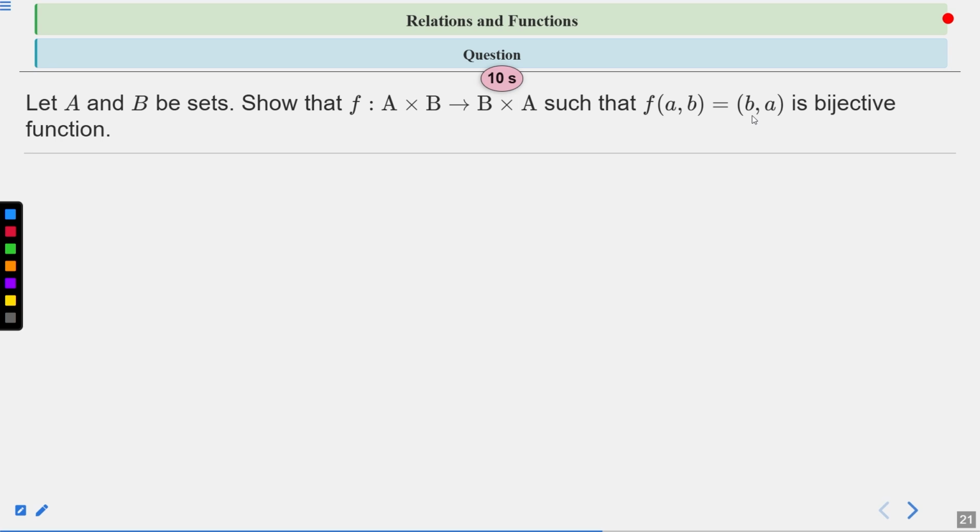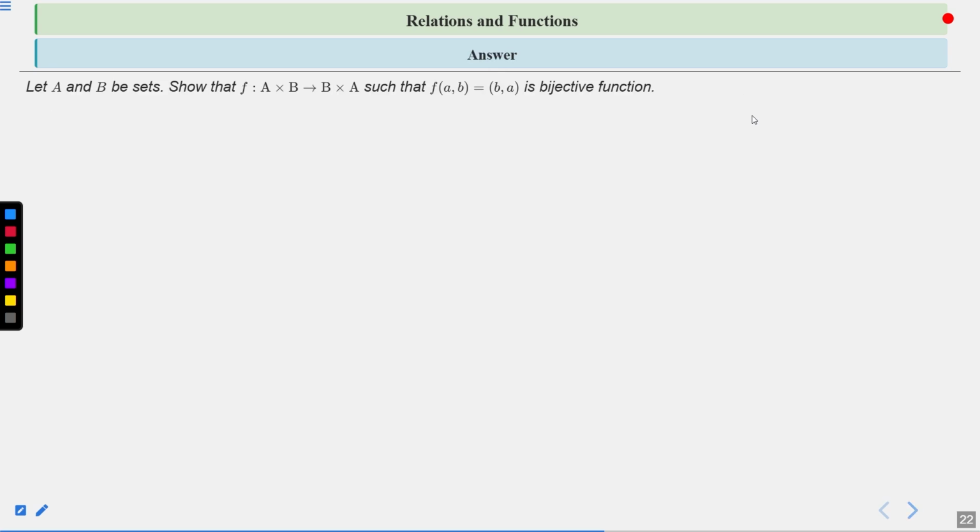So your time starts now. The time is up. So the function is defined from A cross B to B cross A: the domain set is A cross B, the codomain set is B cross A, and f(a, b) equals (b, a).